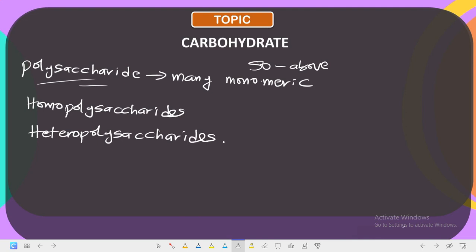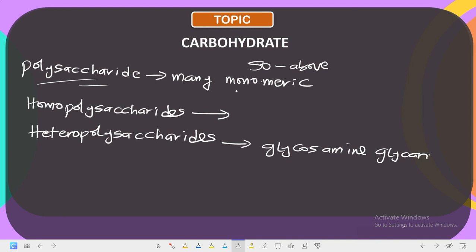The heteropolysaccharides are also called the glycosaminoglycans. Those are the heteropolysaccharides. The homopolysaccharides don't have a special name. But what distinguishes between the homopolysaccharides and the heteropolysaccharides?